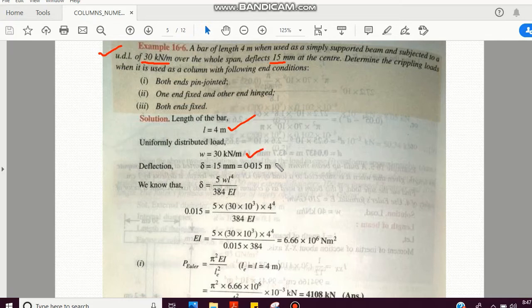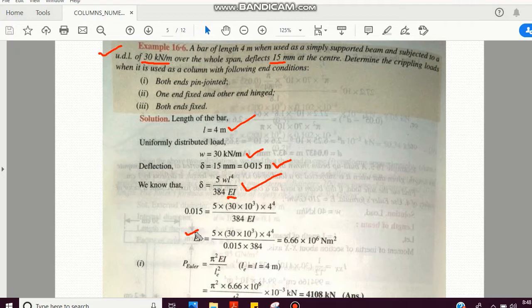The deflection is 15 mm, so 0.015 meter. Now applying the deflection formula for a simply supported beam carrying a UDL, which is delta equals 5W L to the power 4 by 384 EI, and substituting all these values, we get the EI value, which is unknown.